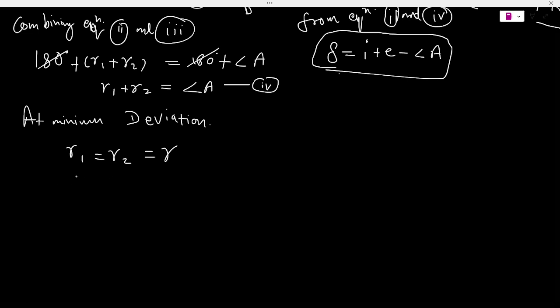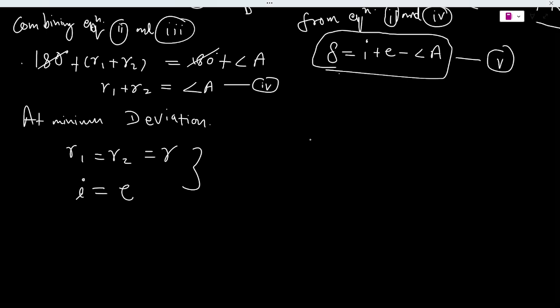Both the angles R1 and R2 should be the same, and I should be equal to E. So these two conditions show that there is minimum deviation in a prism.